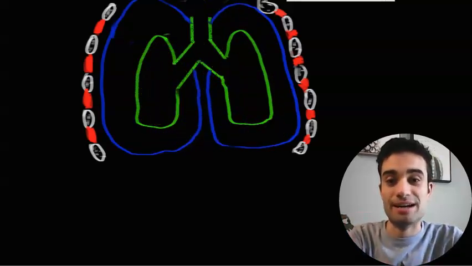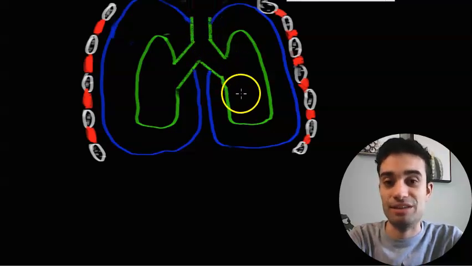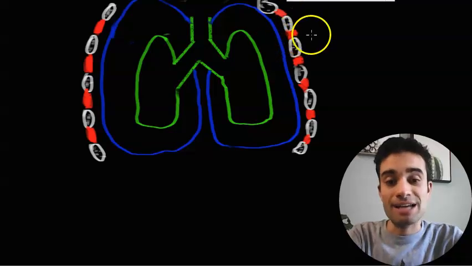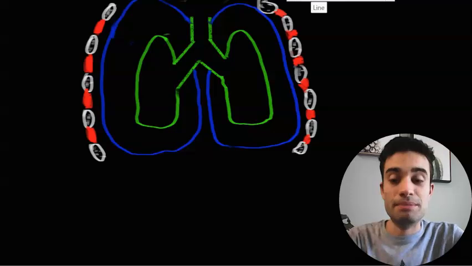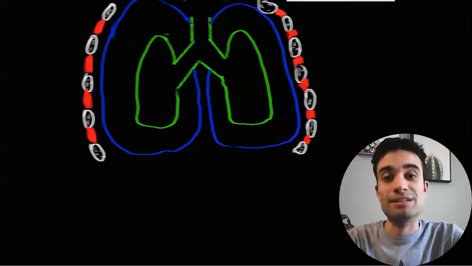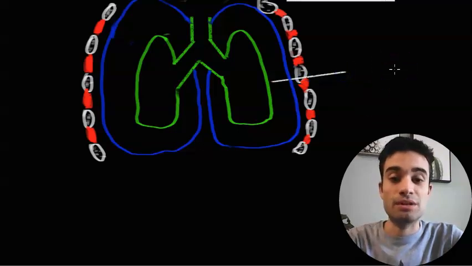Air is going to come through the trachea to the bronchi and get inside of the lungs. Now, the lungs contain a covering around them, a structure right over the lungs, and this is known as the visceral pleura.